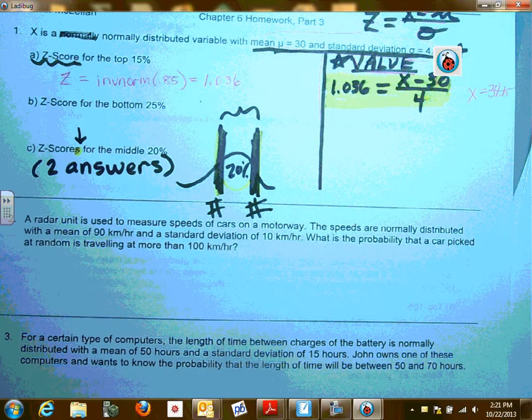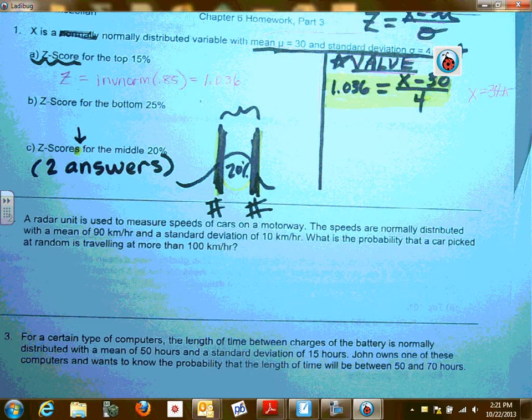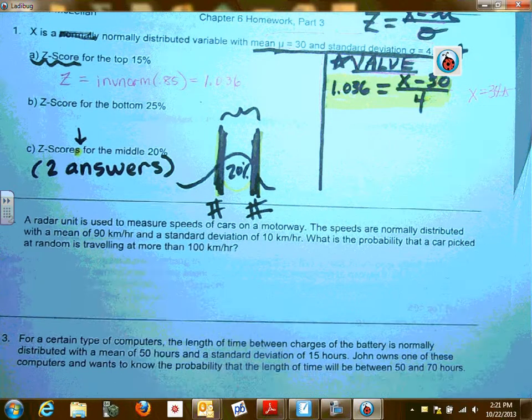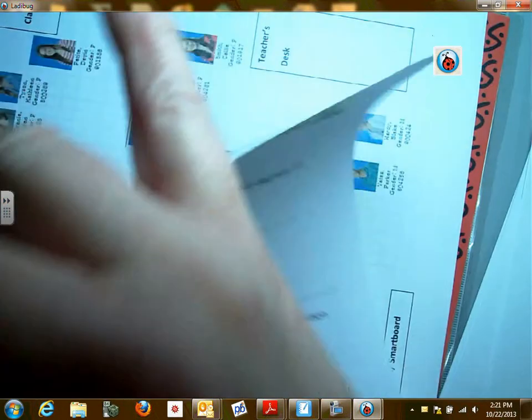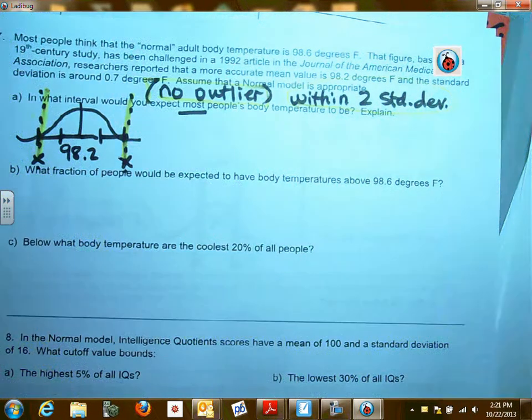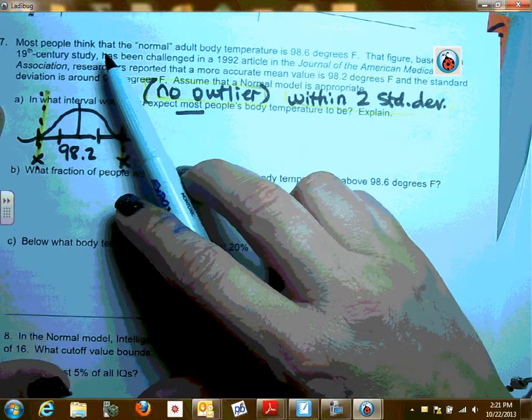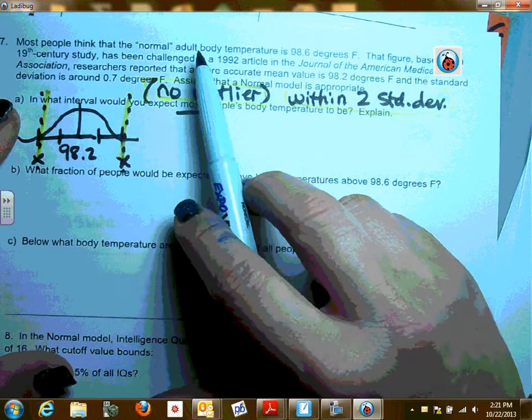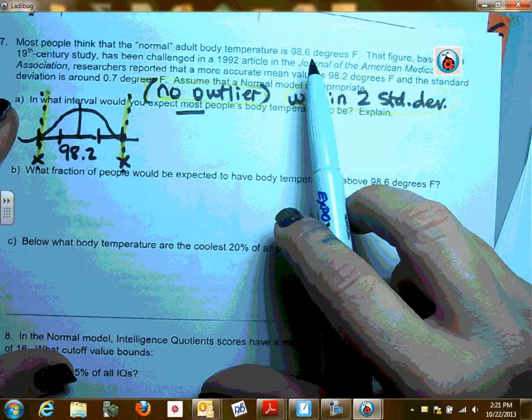Okay, and now one other problem that students today have had has to do with number 7. So please turn over to number 7. Well, I'm going to go ahead and read this to you so we can talk through it. Number 7. Most people think that the normal adult body temperature is 98.6 degrees.